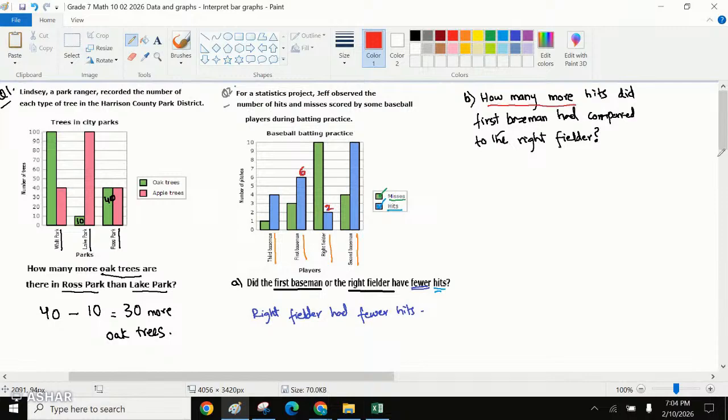How many more? We can subtract: 6 for the first baseman minus 2 for the right fielder. So we can say 4 additional hits for the first baseman, right?